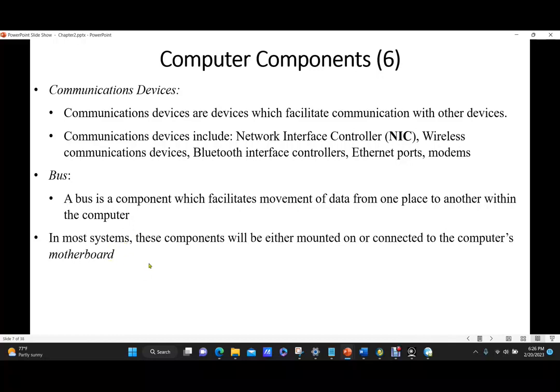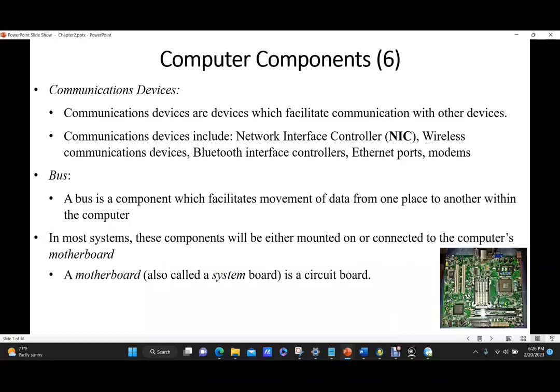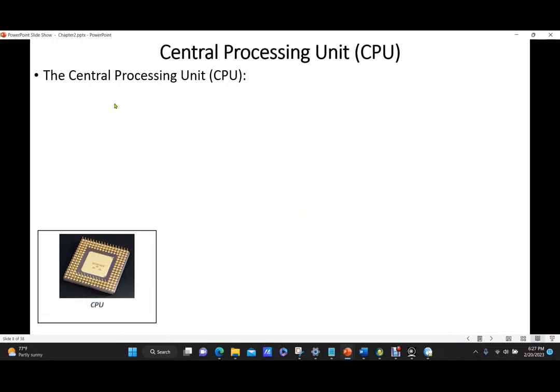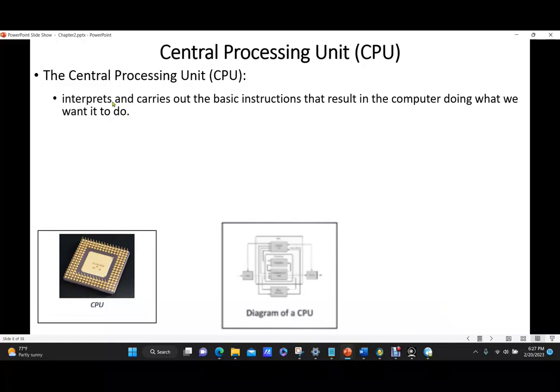In most systems, these components are going to be mounted on or connected to a motherboard. A motherboard, or system board, is a circuit board, and electronic components are attached to it or built into it. The central processing unit, or CPU, is the component that interprets and carries out the instructions that result in the computer doing what we want it to do.